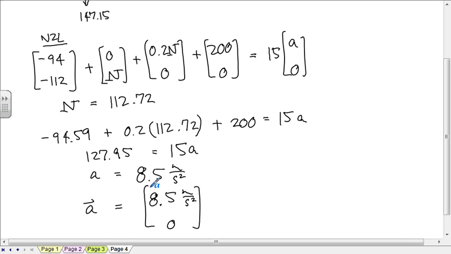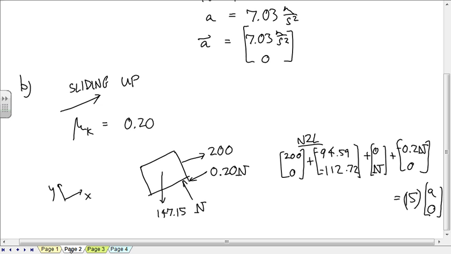Okay, so the acceleration here, this is sort of an interesting thing that happens due to the friction force. Remember, when there was no friction, no matter what the velocity was at that instant, we had an acceleration up the ramp of 7, right?